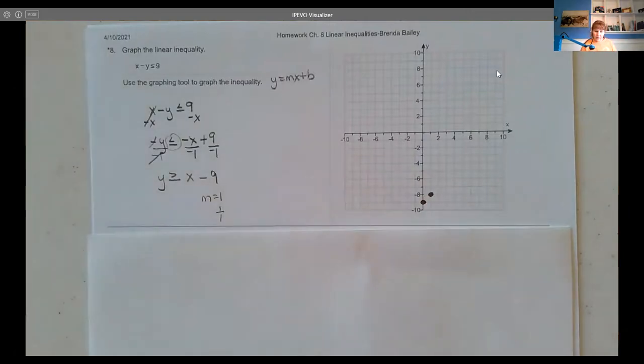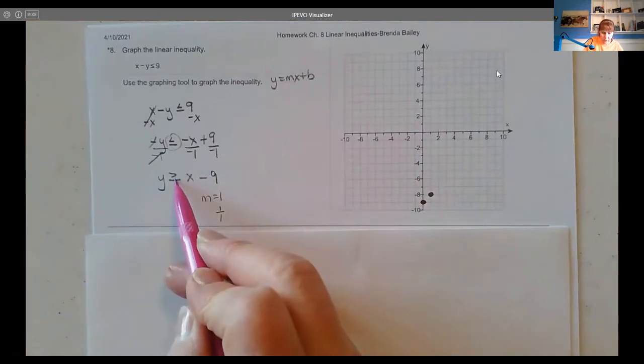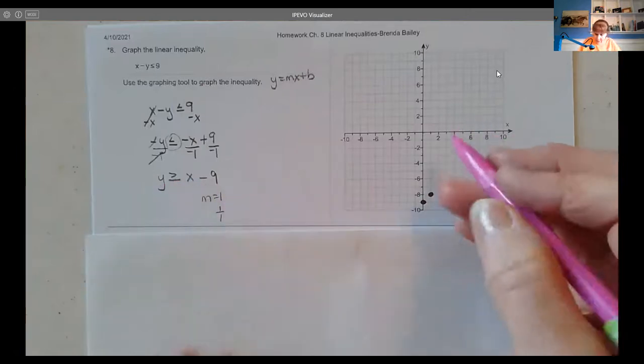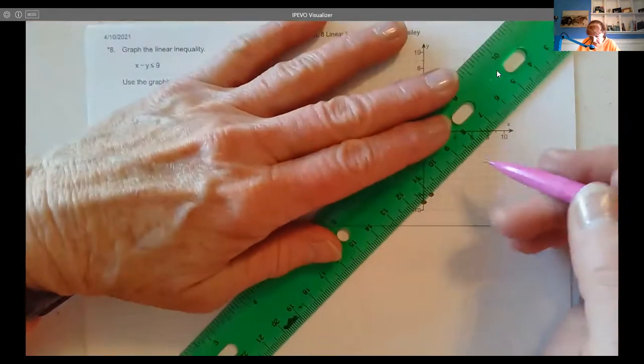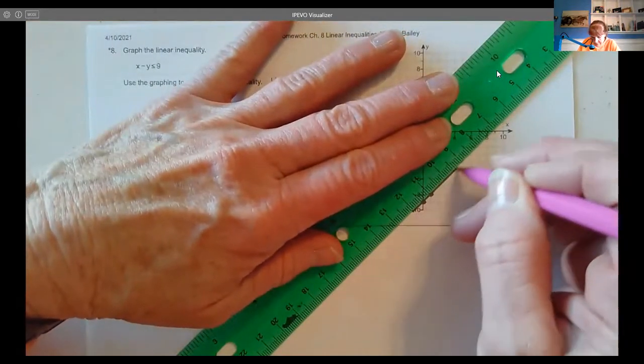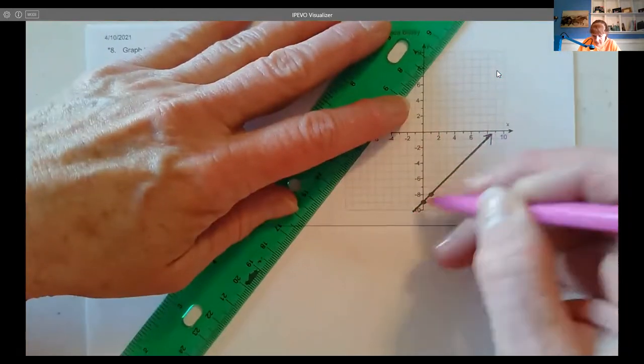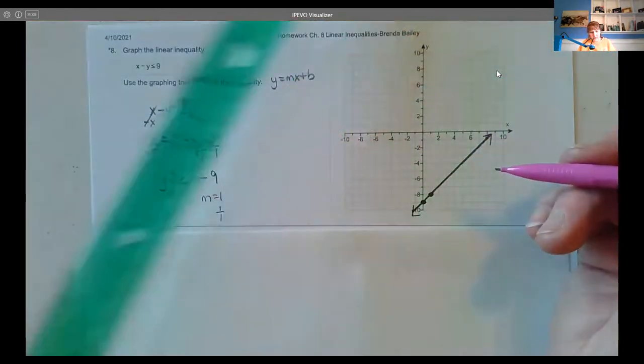But now we have to look at the inequality to determine if it's a solid line or a dashed line. Well, looking at this, you have that bar underneath here. That means equal. So it can be equal, which means we'll have a solid line, and the solutions can be found on the line itself. So it'll be a solid line.